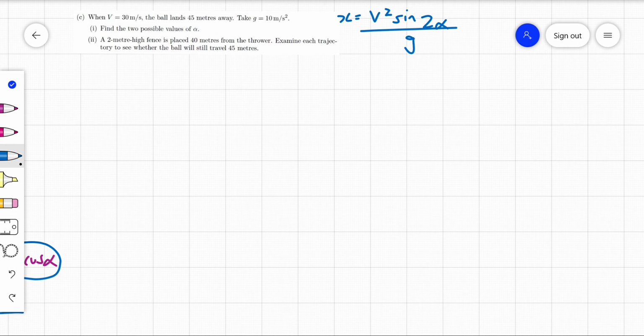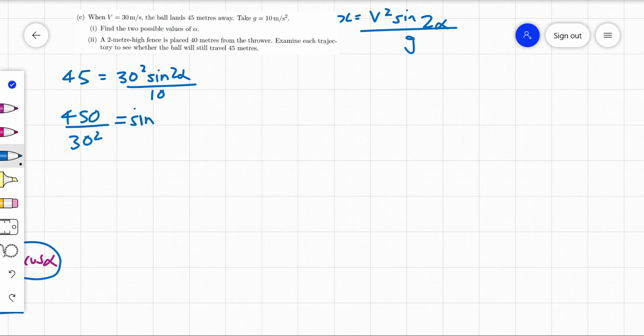First we sub in 45 for x, that was the range. The velocity we're given is 30, so 30 squared sine 2 alpha, and gravity is 10. I'll times it by 10 there, put 30 squared under here, and 450 on 900 gives us a half. So we know that sine 2 alpha is a half.